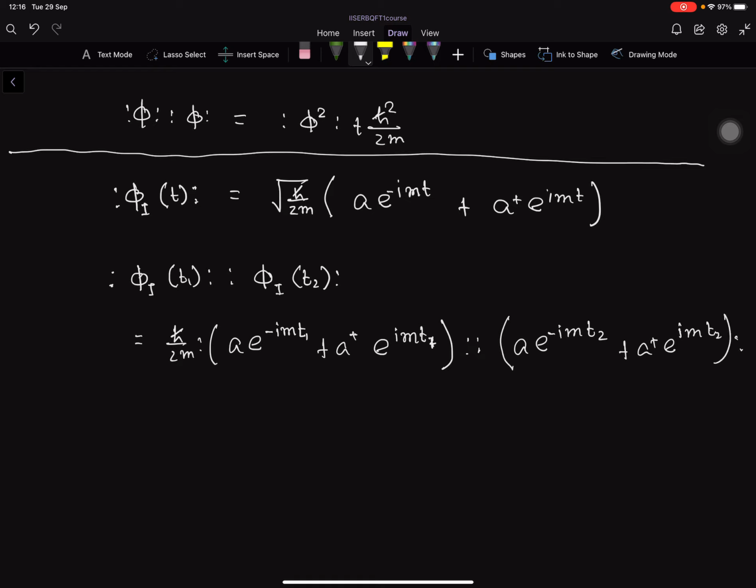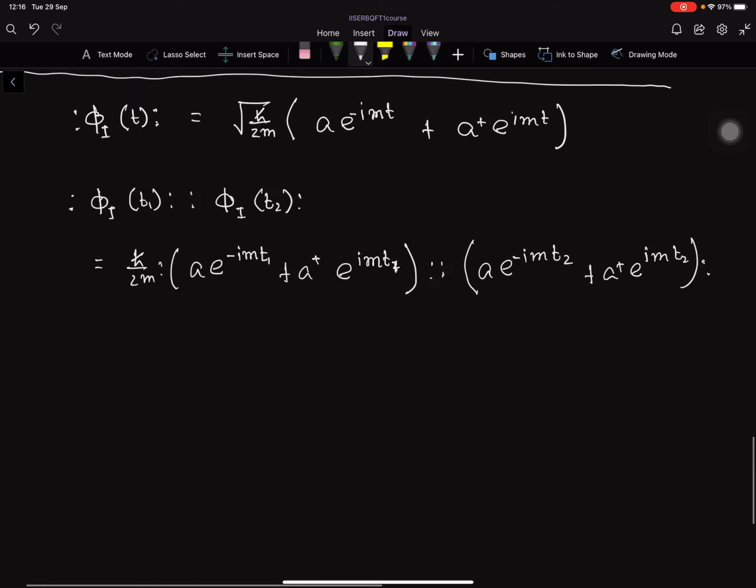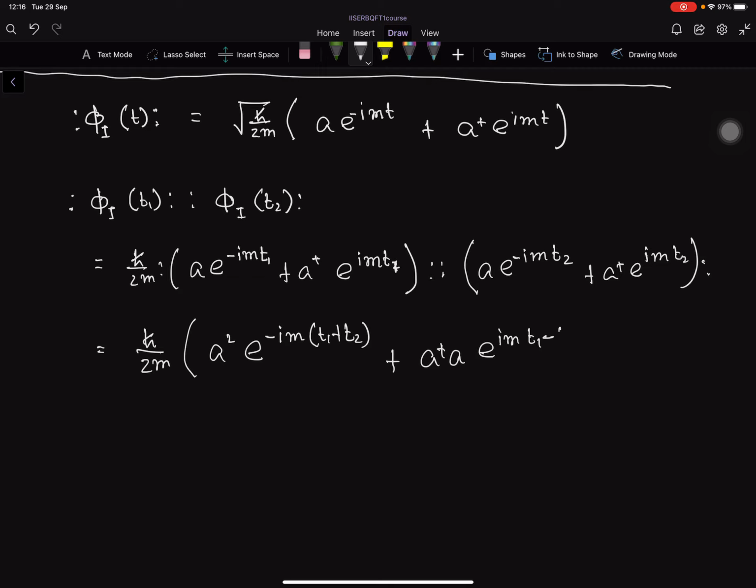Now you can easily do this computation, and this just becomes h bar by 2m. So if I take this, this becomes a squared exponential minus im (t1 plus t2). Then if I take this two, this becomes a dagger a exponential im (t1 minus t2).